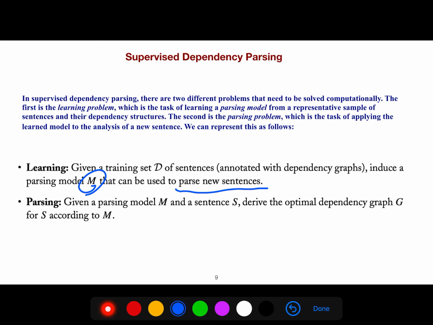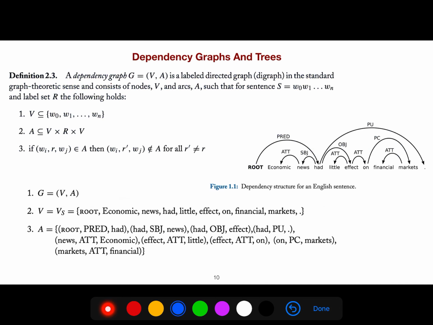You use the already learned weights and go to inference directly. And the inference is parsing. Given a parsing model M and a sentence S, derive the optimal dependency graph for S according to M. So this is a dependency graph and a tree.